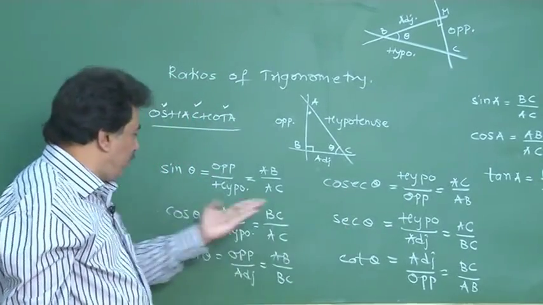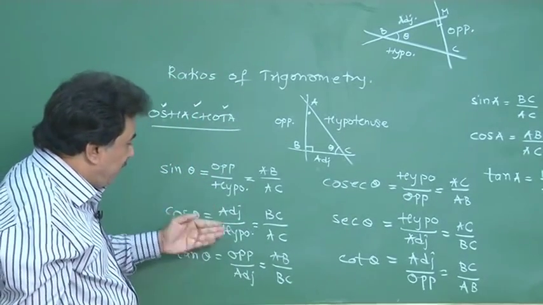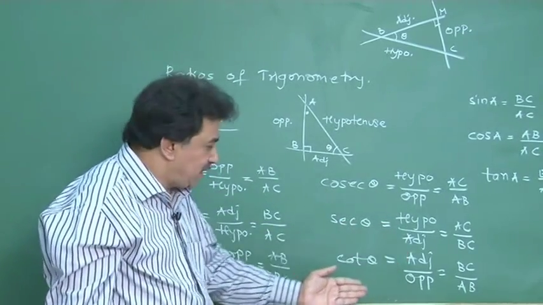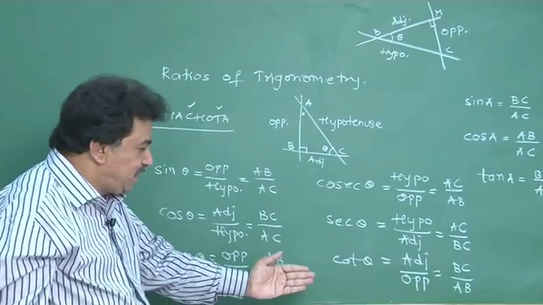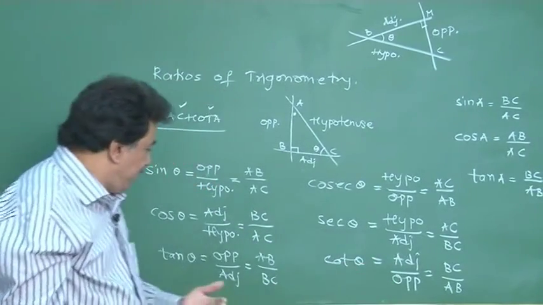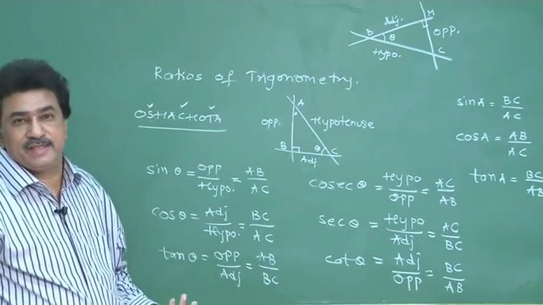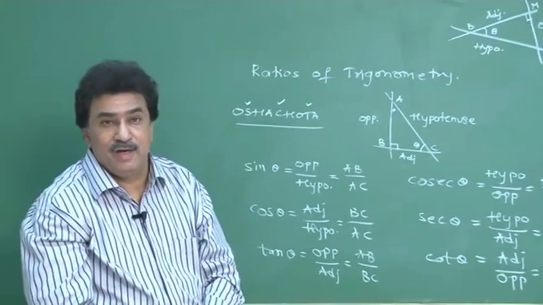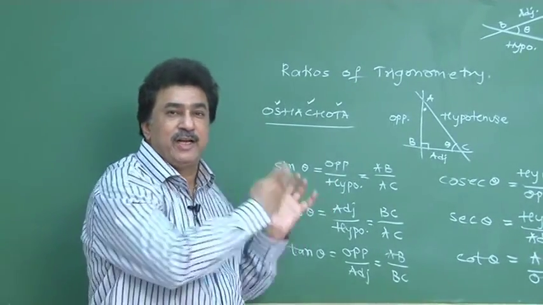Sec is reciprocal of what? Cos. So adjacent upon hypo becomes what? Hypo upon what? Adjacent. And the last one, the sixth one, cot theta, adjacent upon opposite. Why? Reciprocal of what? Opposite upon adjacent. So looking from one triangle, you can get 6 ratios. And all the 6 ratios, we are studying what?